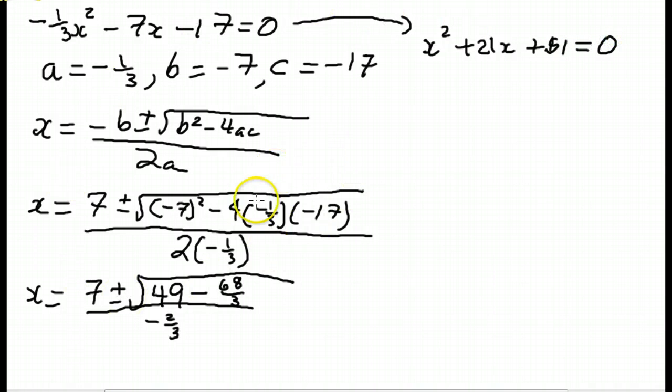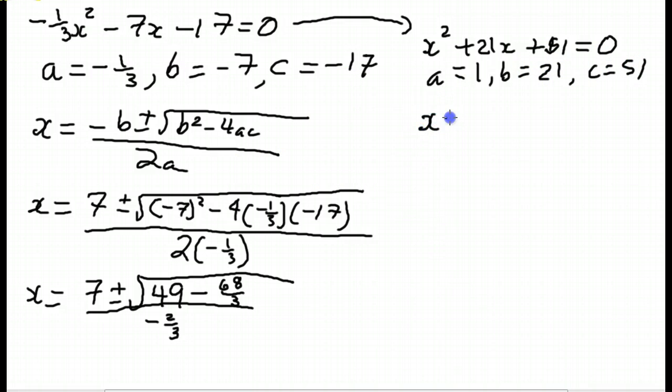So instead of going through the pain of the fractions here, because this will eventually simplify down, by multiplying by negative 3, we have this, and now we have a simple a is 1, b is 21, c is 51.